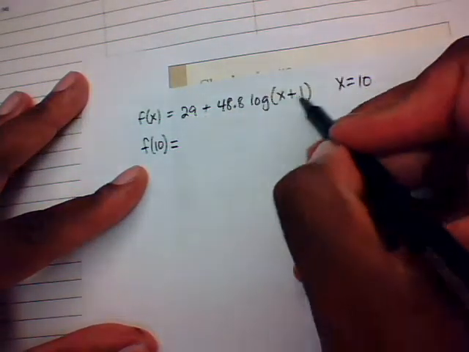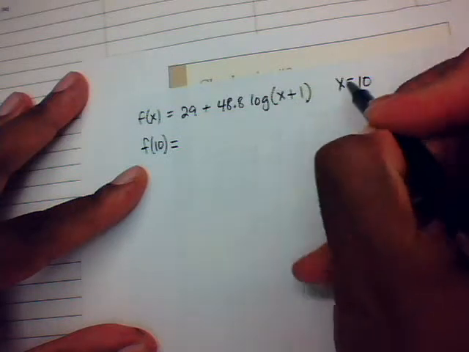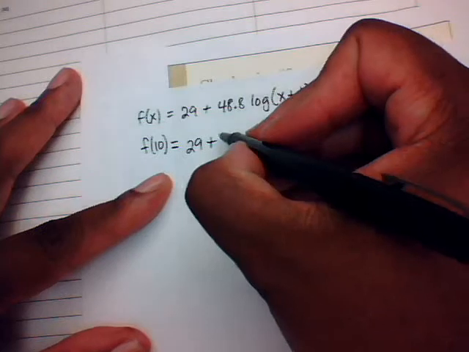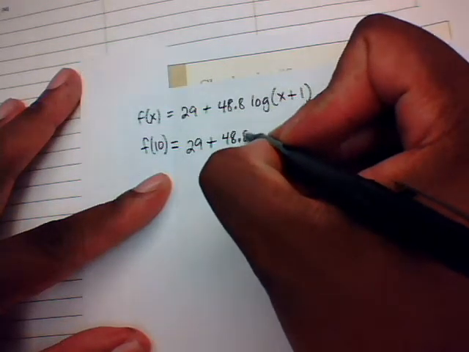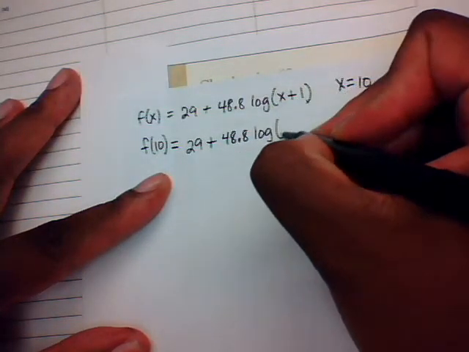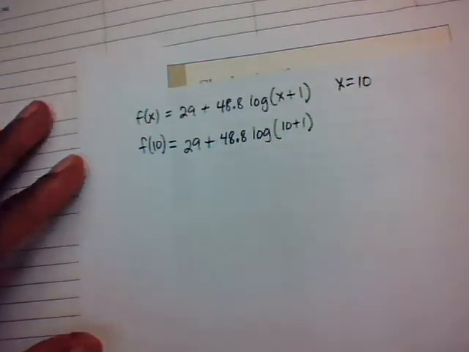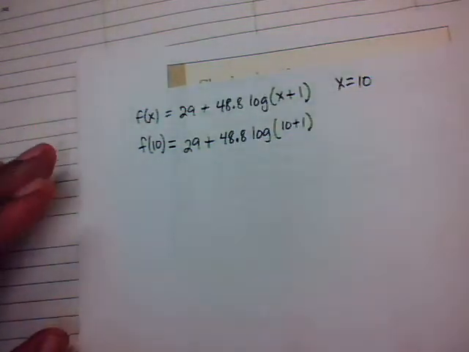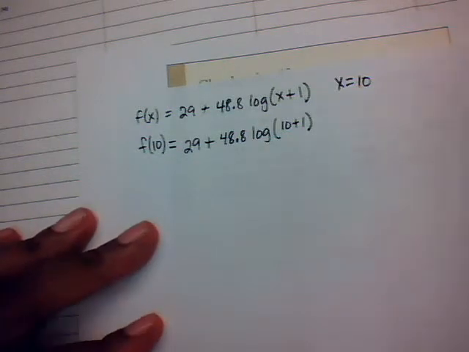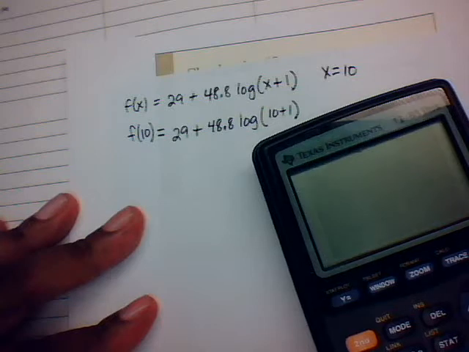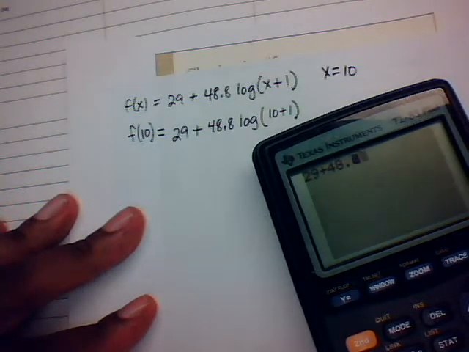And we just simply replace the x in our f of x function with 10. So we're going to have 29 plus 48.8 times the log of 10 plus 1. Now this we can just type into the calculator as is. So to do that, all we do is type in 29 plus 48.8.